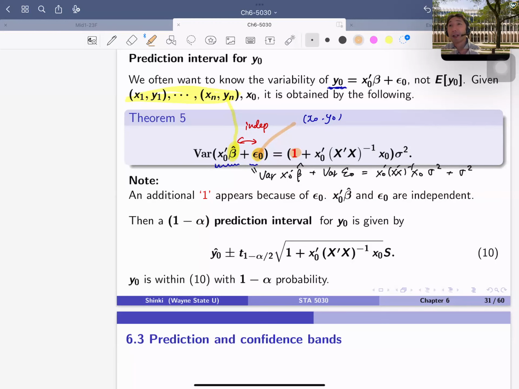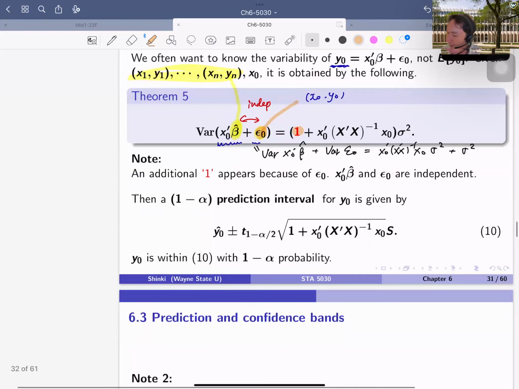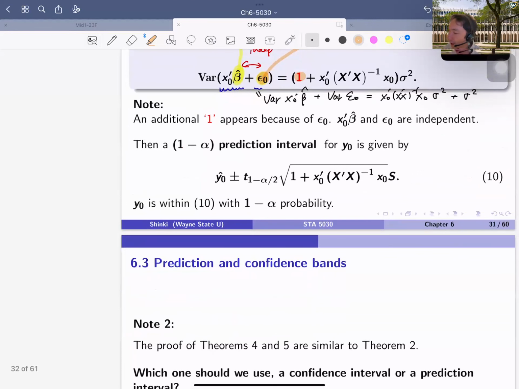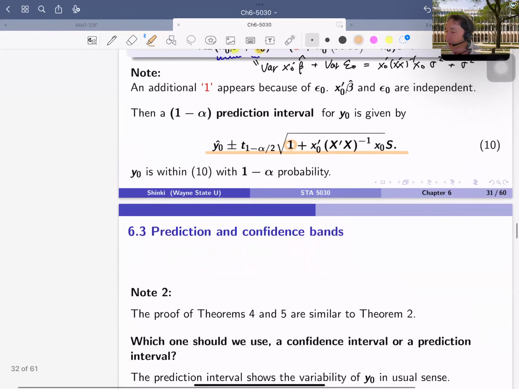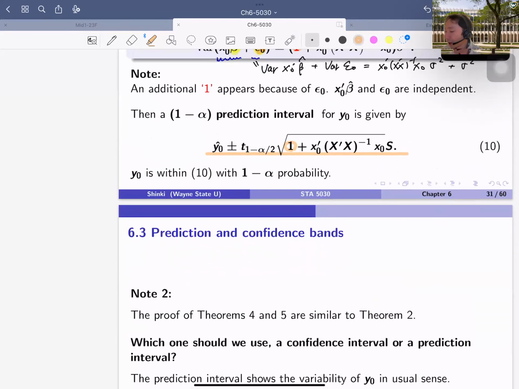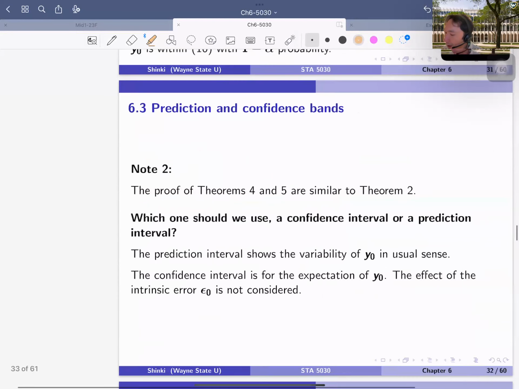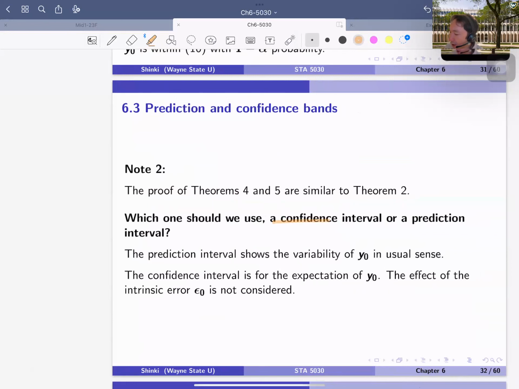So this shows how reliable y naught is, how much variability y naught has. The prediction interval, the range for y naught, is given by this formula, and we have 1 here. The confidence interval is for the expectation of y naught, and the prediction interval is for y naught itself. So which one should we use? The prediction interval shows the variability of y naught in the usual sense.